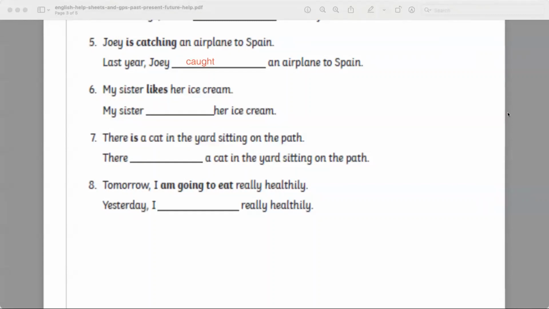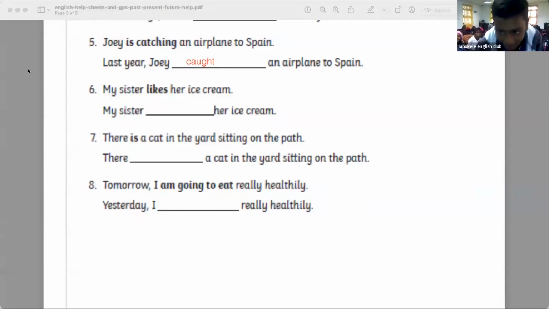So likes, how do we change likes to past tense? Liked. My sister liked her ice cream.